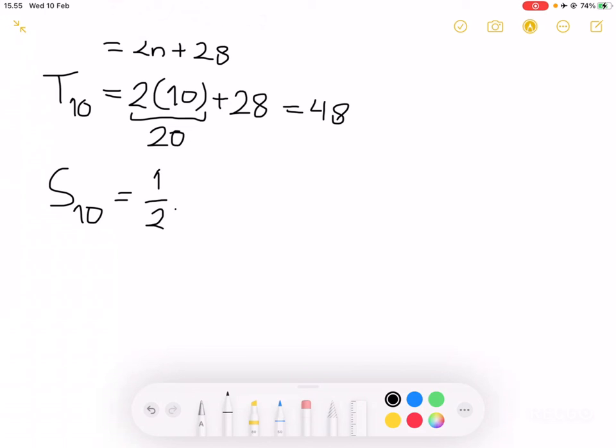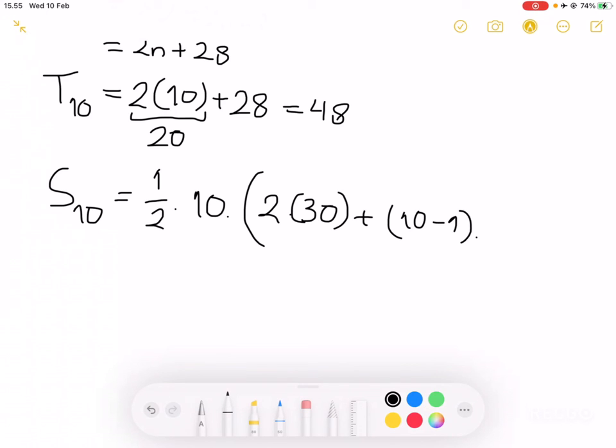However, n in this case is 10, and then multiply this 2 times a. We know a is 30, plus n minus 1, which is just 10 minus 1, multiplied by d, which is just 2.